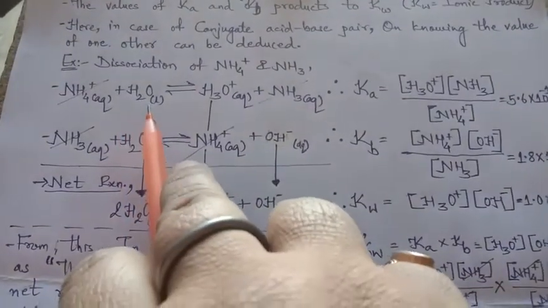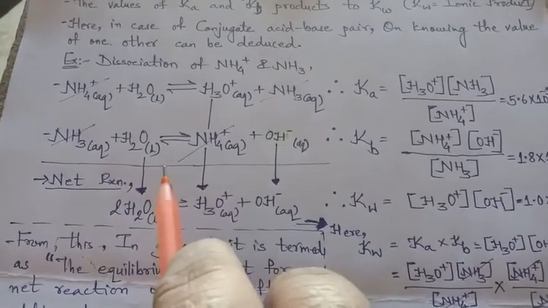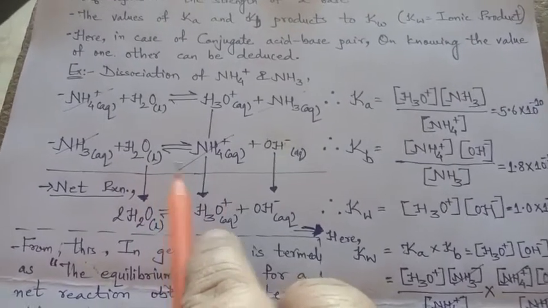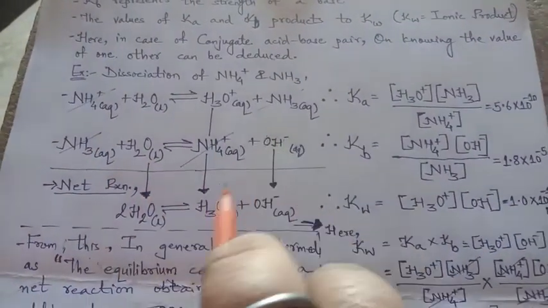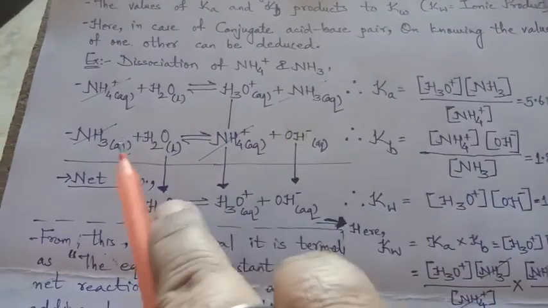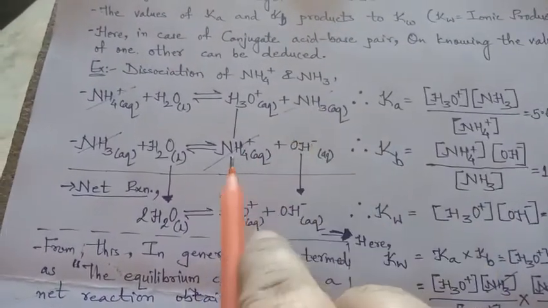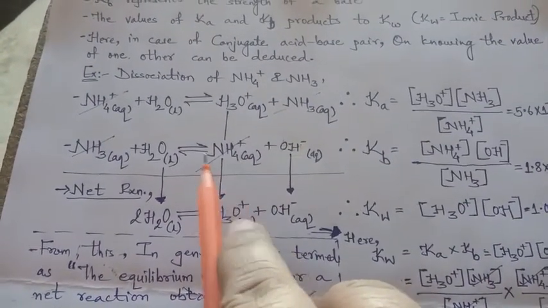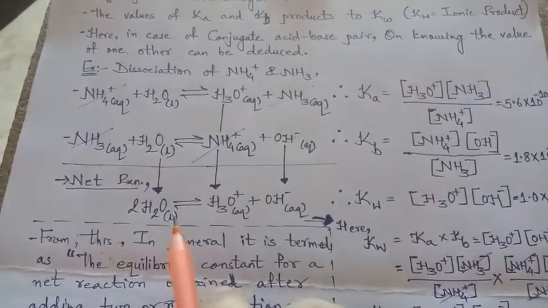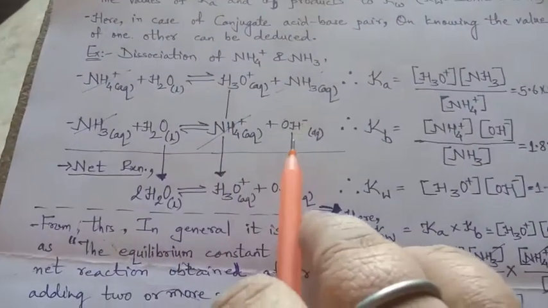Now if we see here what has happened, oxidation and reduction has taken place, right? So what happened here? Let us now find out the net reaction among them. So this NH3, this NH3, this NH4 plus, this NH4 plus will be overall hydrolyzed, and we have now H2O, that is 2 molecules of water will give us H3O plus and OH minus.